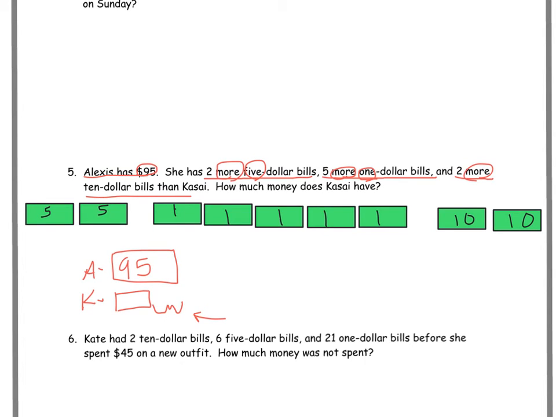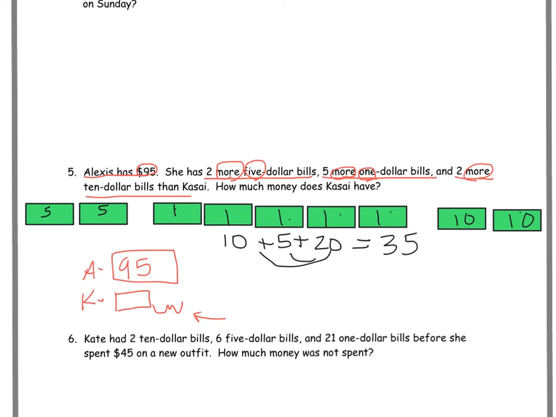So there's the money she has more of, and what I need to do is I have 5, 10 for my 5s, 1, 2, 3, 4, 5 for my 1s, and 10, 20 for my 10s. So if I add those up, I'll get 35 by doing 10 plus 20 is 30, plus another 5 is 35.